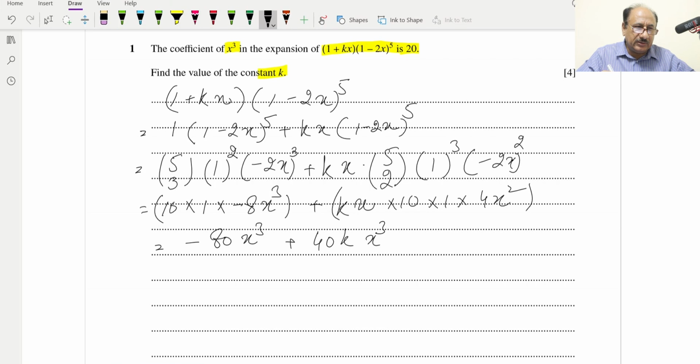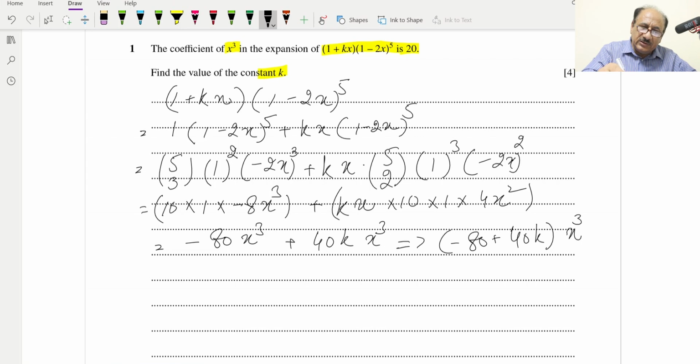Now we can take x cube common from these two terms, and this implies minus 80 plus 40k, multiplied by the x cube which we have taken common.